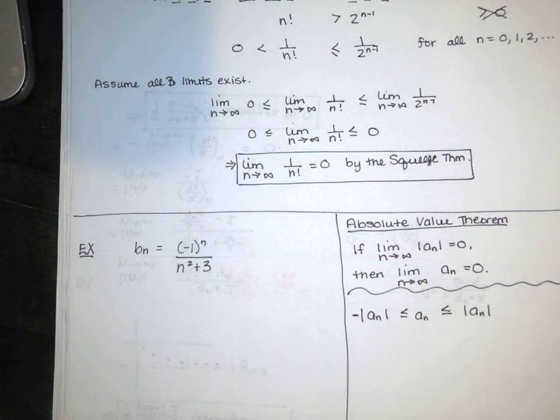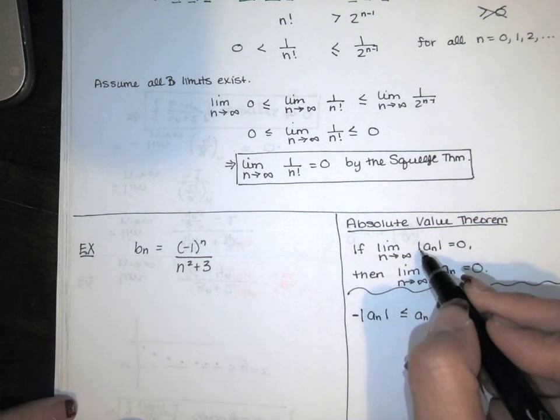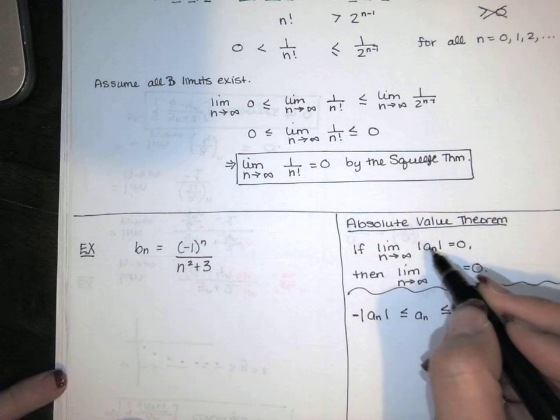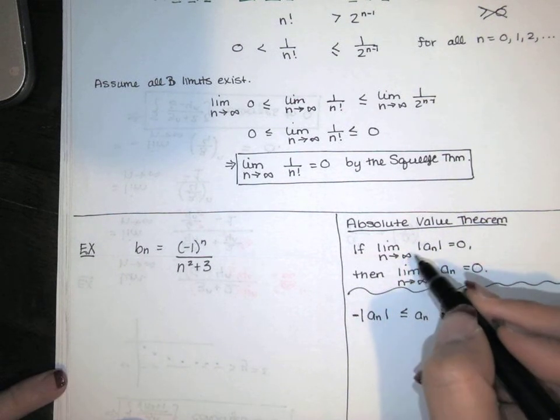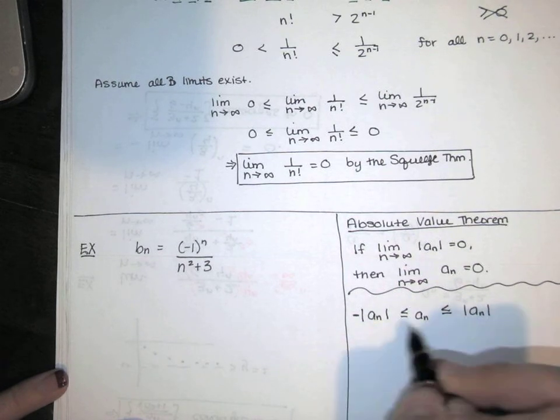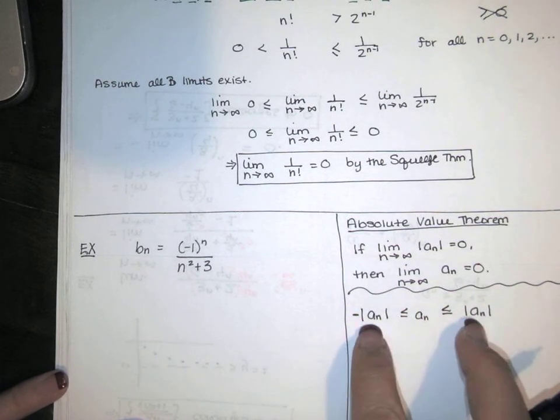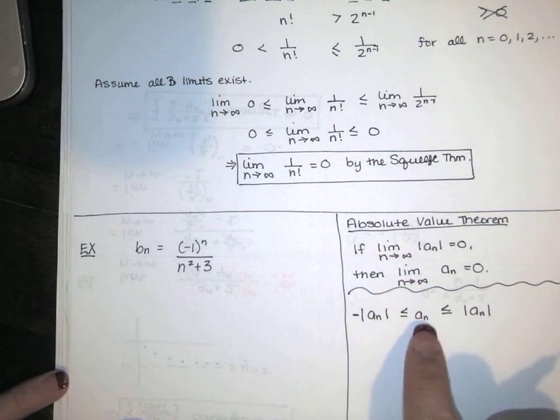So if this is true, and I know that the limit of the absolute value of a sub n as n goes to infinity is 0, provided all three limits exist, and these guys do, this one is squeezed in between.